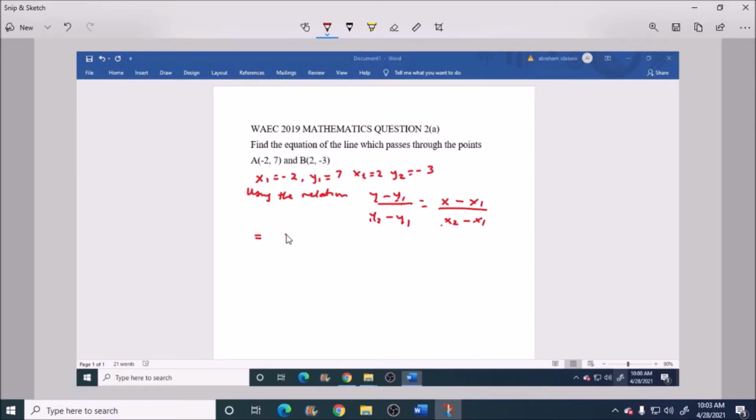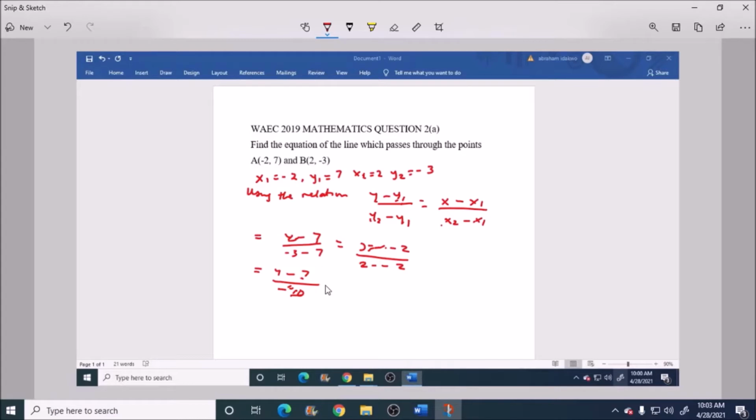This will give us y minus 7 over minus 10, okay, this will give us x plus 2 over 2 plus 2.